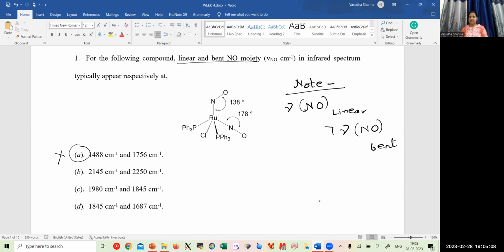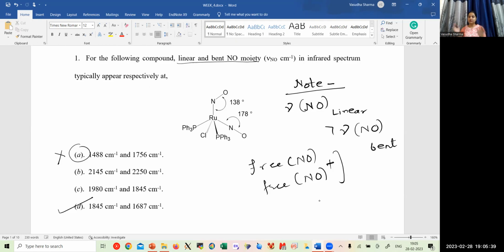2000s and 1900 is reached for the free NO, the free nitrosonium ion, which comes in a region of 2000 mostly. So the only option left is 1845 cm⁻¹ and 1687, which has actually been proven by IR. I'm telling you how to eliminate options when you have 4 options. The first option can't be true because the linear one has to have the greater frequency.